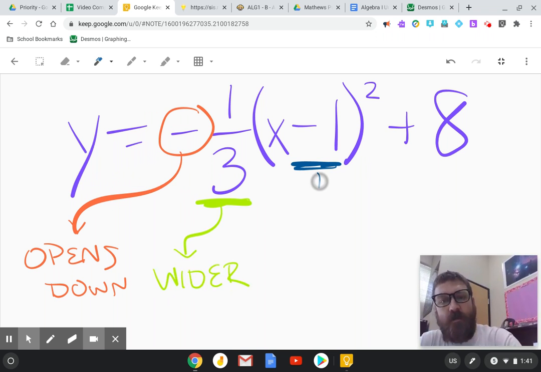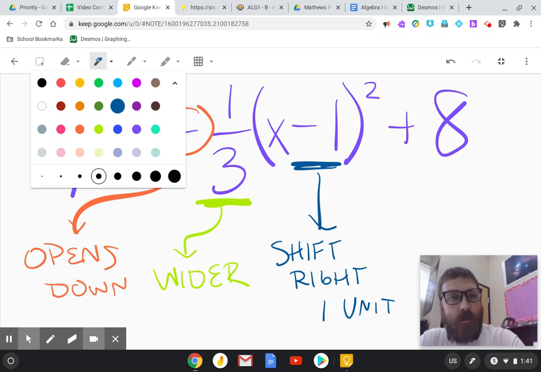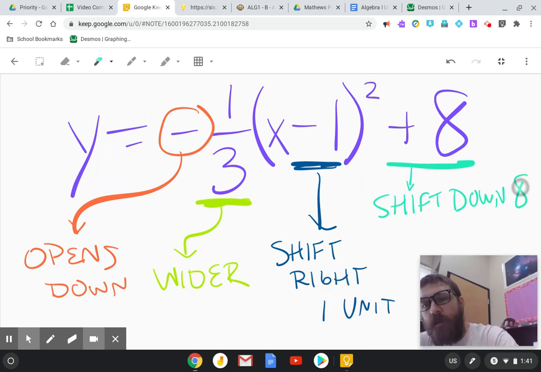This right here tells me that the graph is going to shift to the right 1 unit. Lastly, this tells me the graph is going to shift down 8 units.